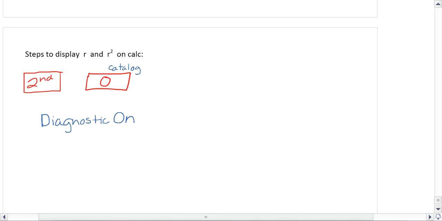Now it's a long list, and if you do not want to scroll through the whole thing, you can jump to the D's in the list by using the alpha key. The letter D is the green function above the x to the negative 1 key. So if you hit alpha and you hit x to the negative 1, I believe you have to do it twice in some calculators. So if you go alpha D, you can jump in the list right to the D's, and then it's just a little bit of scrolling to find diagnostics on.